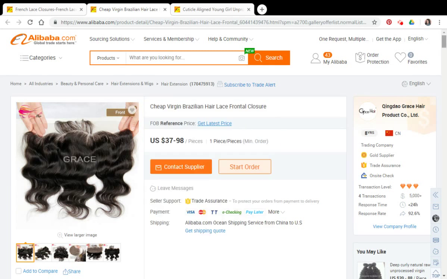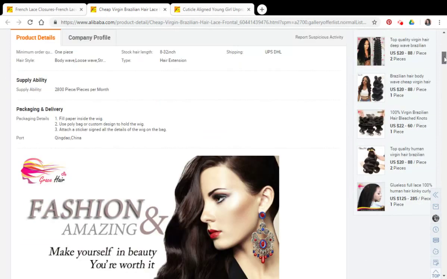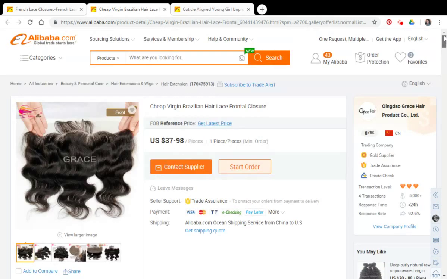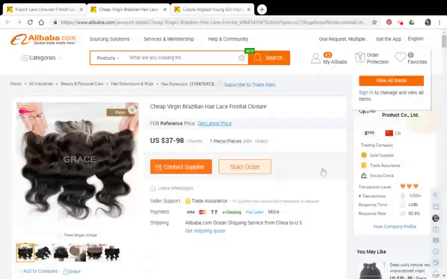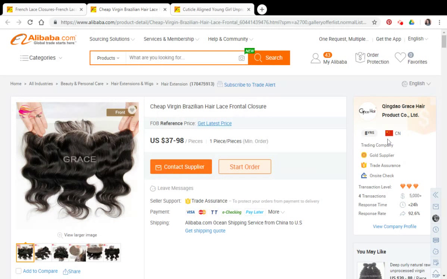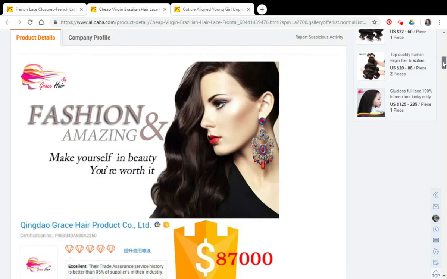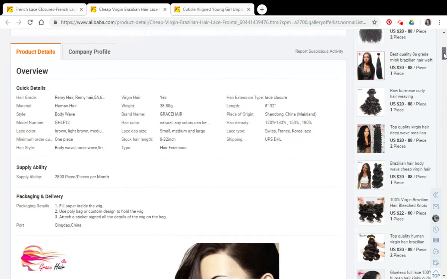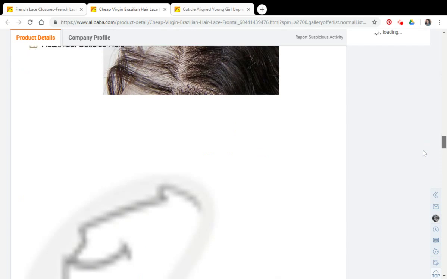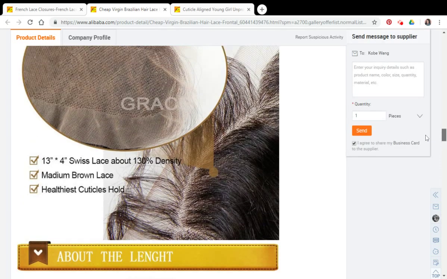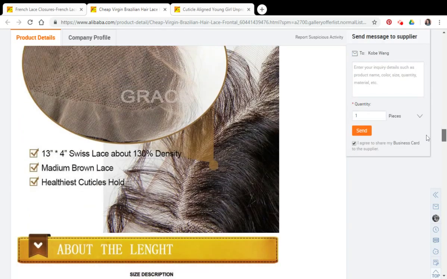I wish we could find out where they got the hair from, the exact manufacturer, because this is not the manufacturer of the hair. This is the trading company who trades this particular. They don't ventilate the hair. But you see how that looks natural in the front? That's what you want to go for.